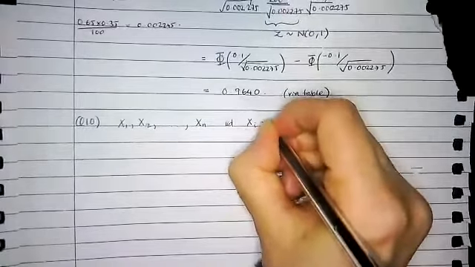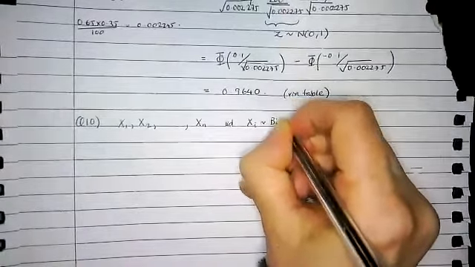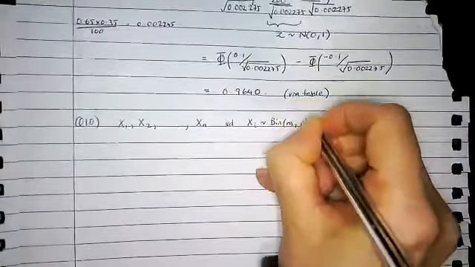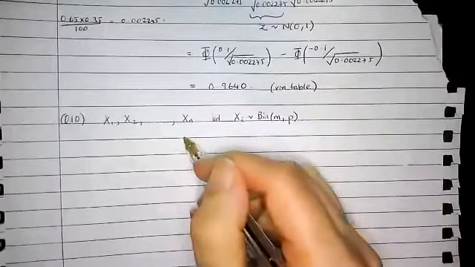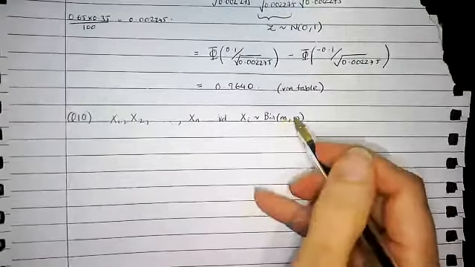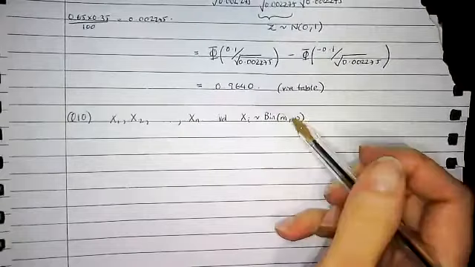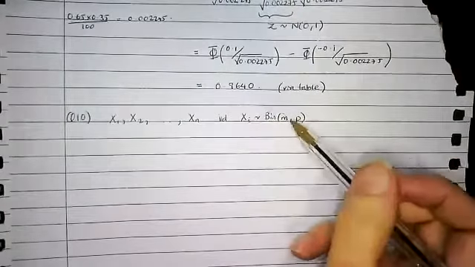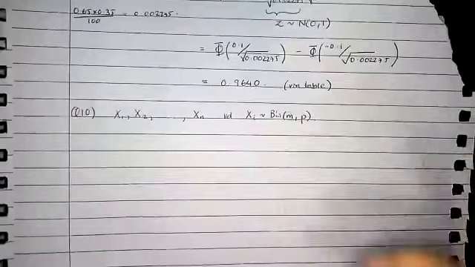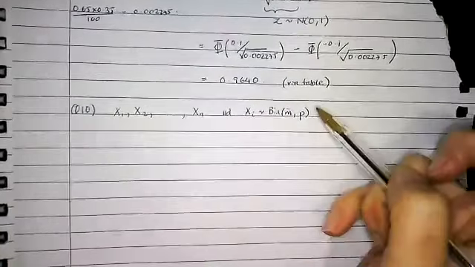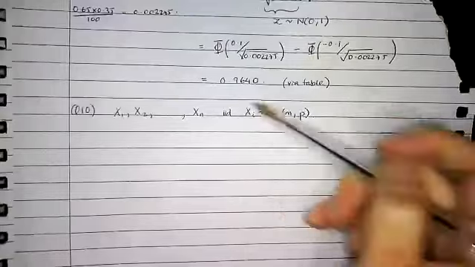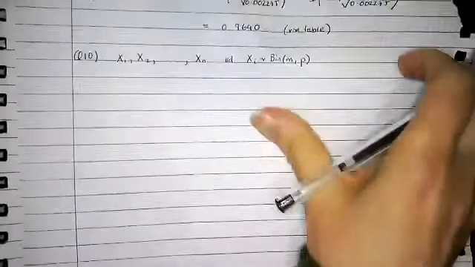Xi is distributed binomial with parameters m and p. It's important that n is the number of random variables I've got, and m is the number of random samples being taken behind each one of the Xi. So in terms of the total number of trials, that's huge: n times m.